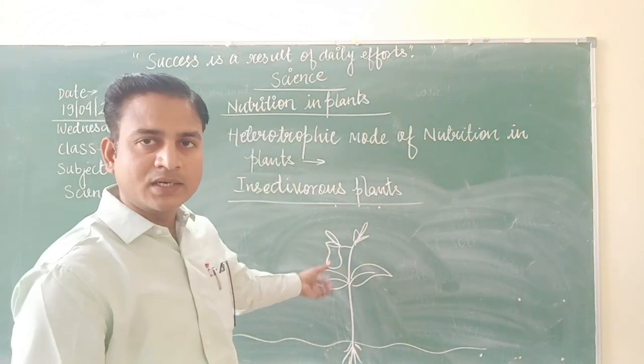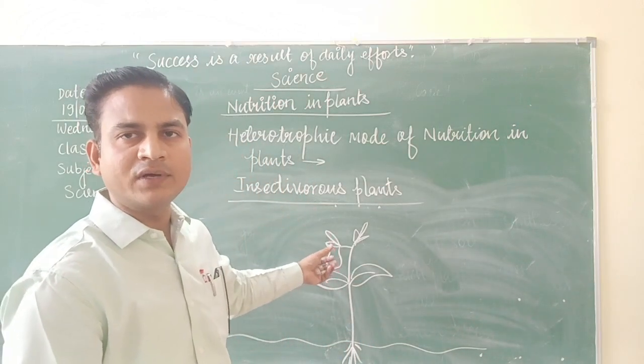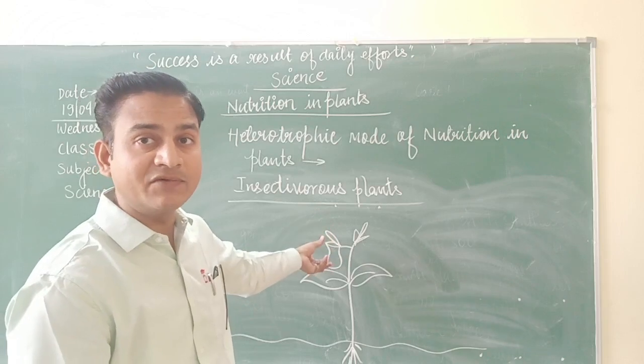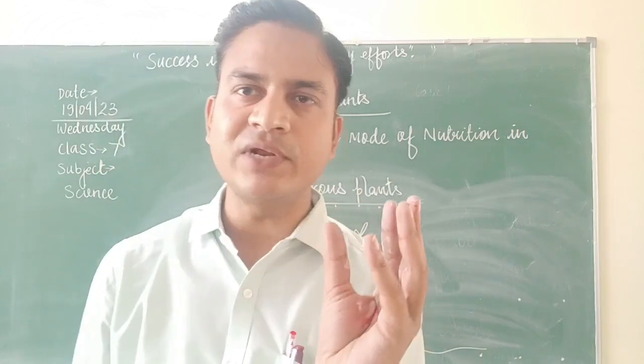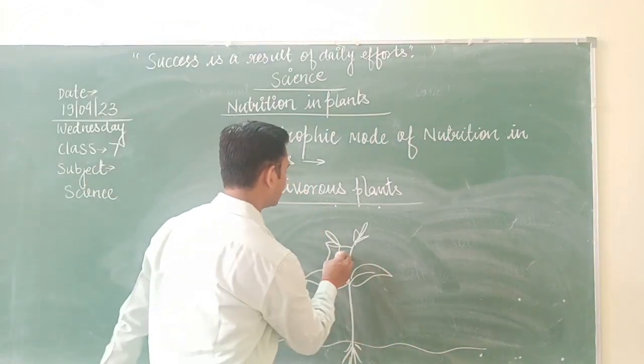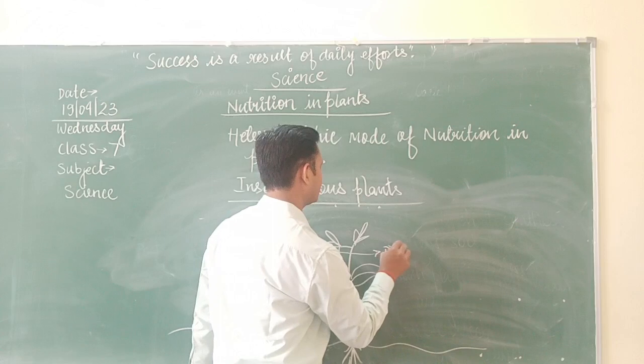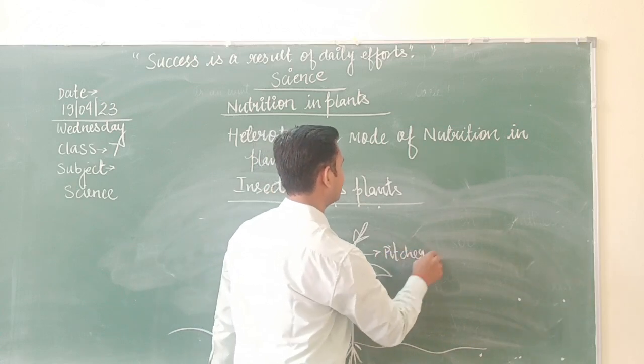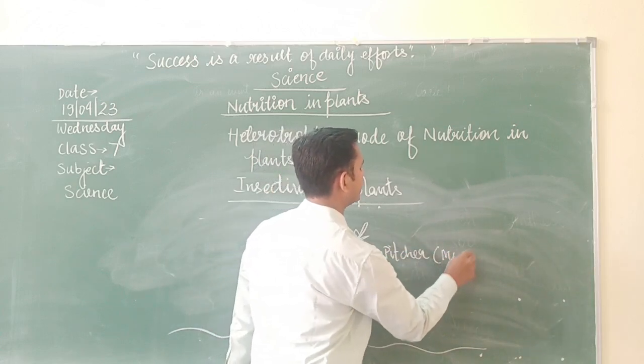So pitcher plant, what is it going to have? It is going to have modified leaves, and these modified leaves will look like a pitcher. They will look like a bag. This is a pitcher, and it is a modified leaf.